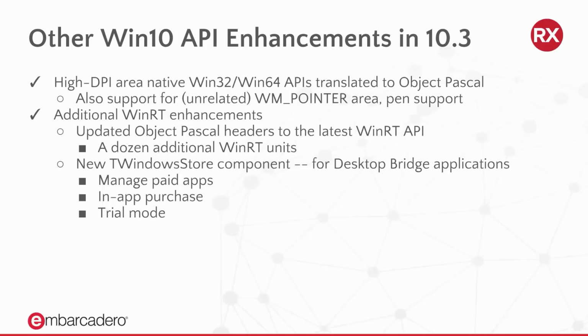We've also exposed other APIs like the WM pointer, the pen support areas, and more. And additionally, we have enhanced the WinRT APIs that are available through Object Pascal headers, including a lot of new units and a new component in Windows Store for desktop Bridge application.